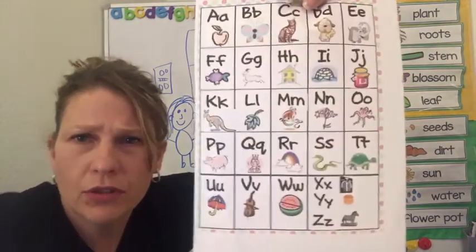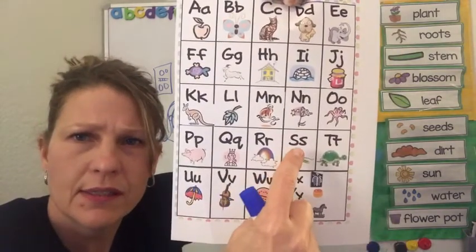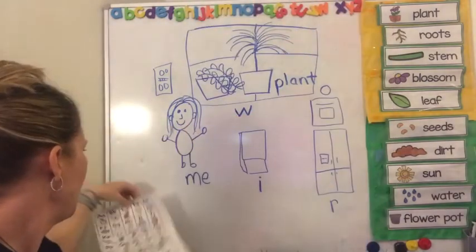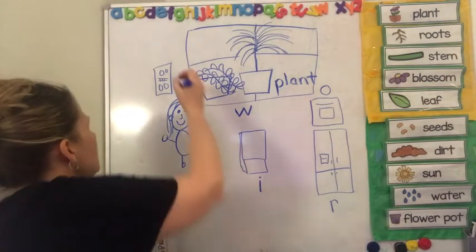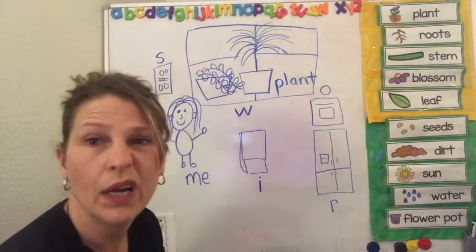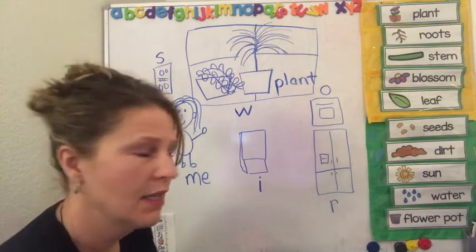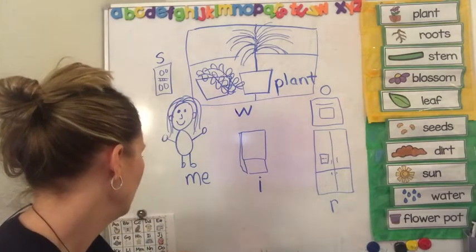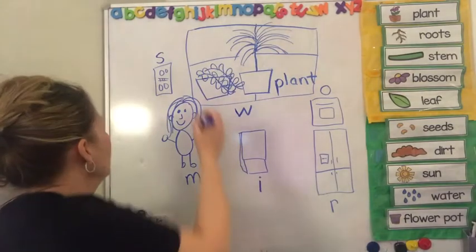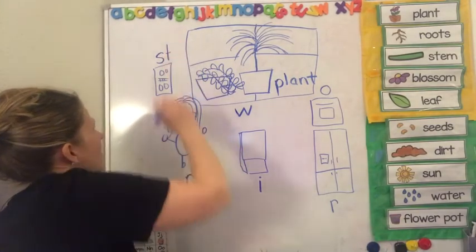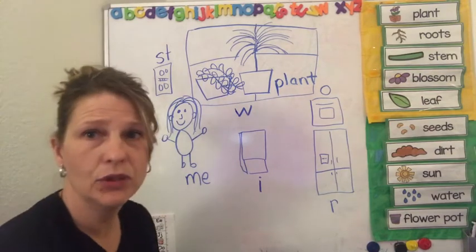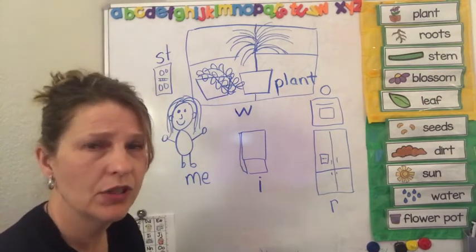You could also look at your alphabet chart, and there's an S for snake. So what letter is that? An S. So let's do S. But stove, ooh, I also hear that T sound, like tiger and turtle. So I can put that T because I hear the 2 sounds at the beginning. Stove. There you go. So I labeled all of my pictures.